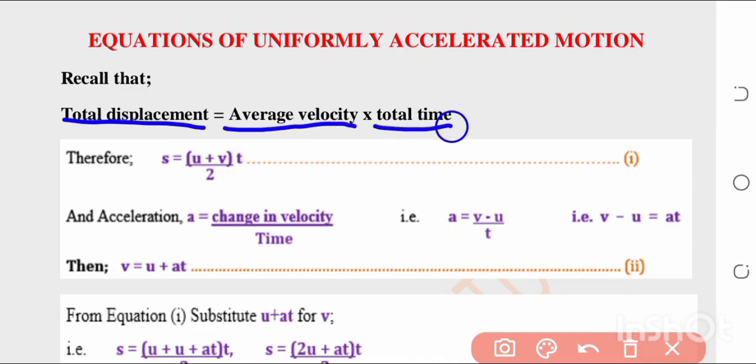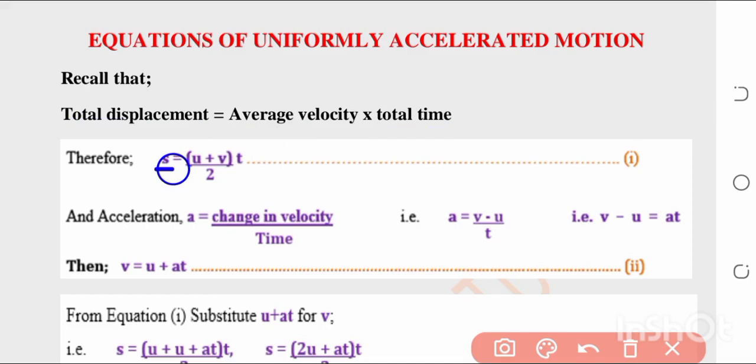Now if we put that into an equation, S represents our displacement, and for our average velocity we have u as initial and v as final, divided by 2. If we multiply this with our time, we can see that displacement S is given as u plus v over 2, everything multiplied by t.